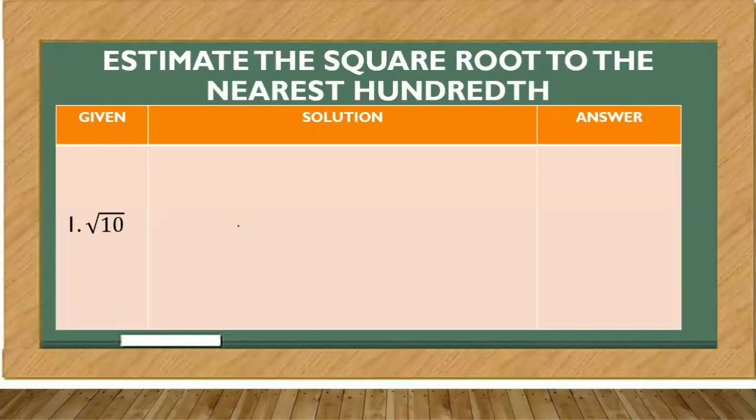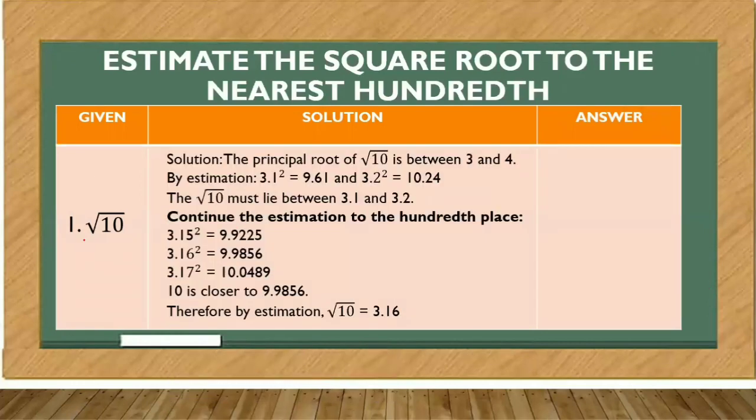Alright? So let's have a given: square root of 10. So saan malapit si square root of 10 na merong perfect square? Alright. The principal root of square root of 10 is between 3 and 4. Bakit 3 and 4? Dahil si 3, we have square root of 9, diba?